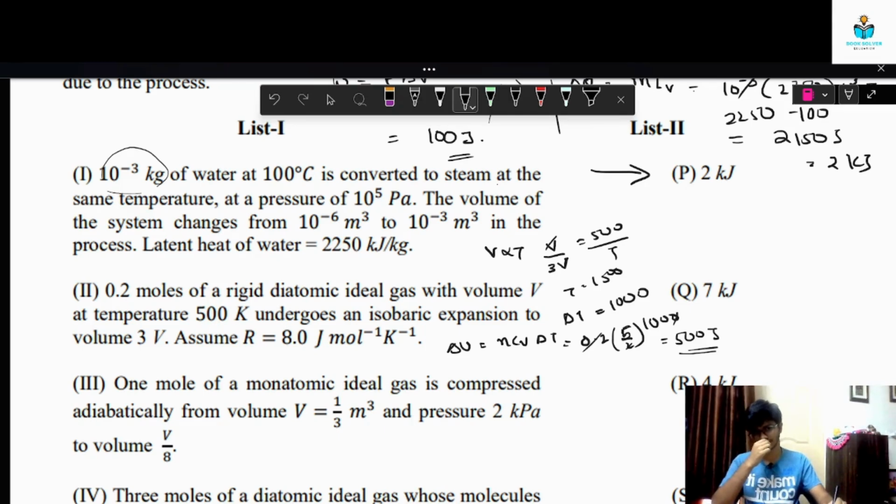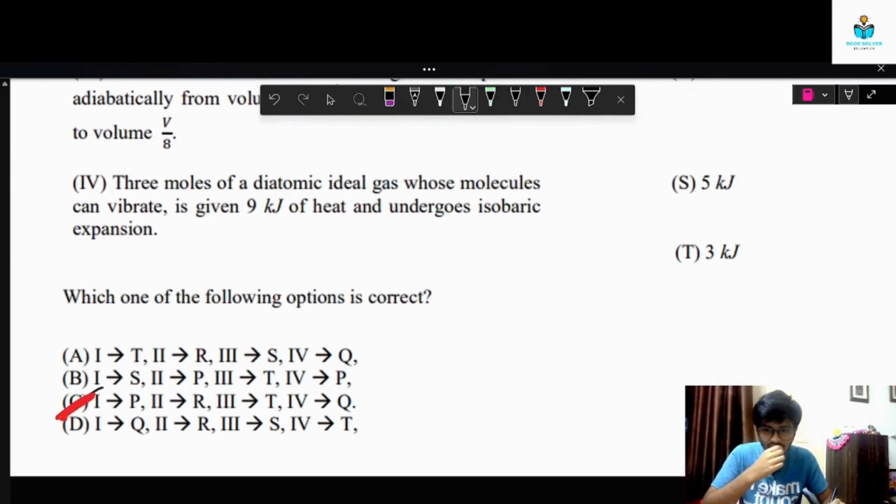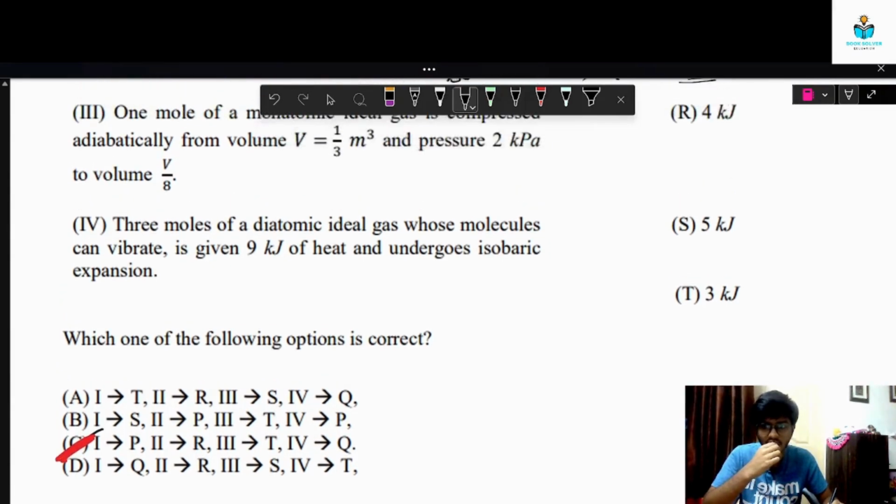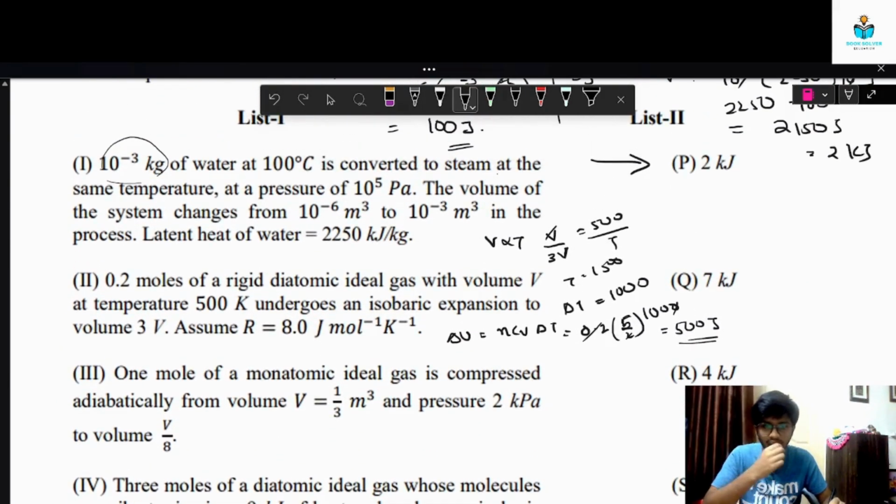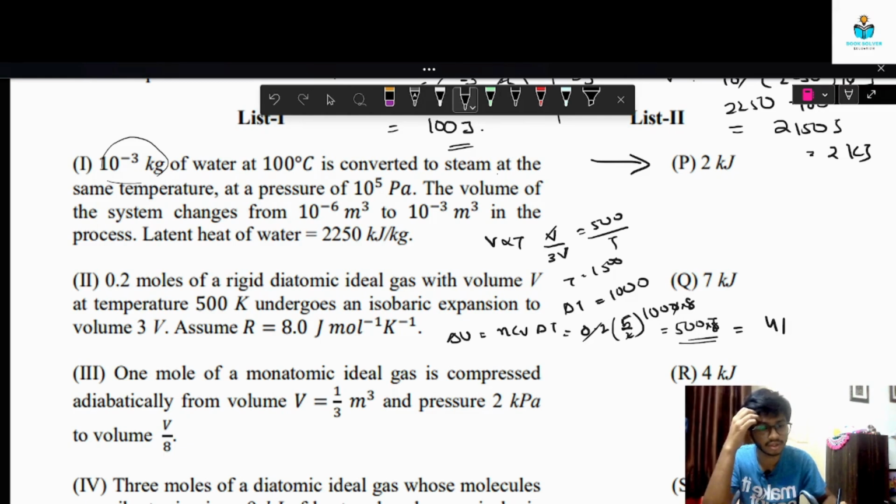Oh, it's not 500 joules. Yeah, 500 into 8, right? We forgot R here, no? So this is basically 4 kilojoules. Okay, so yeah, option R. Don't forget R, okay?